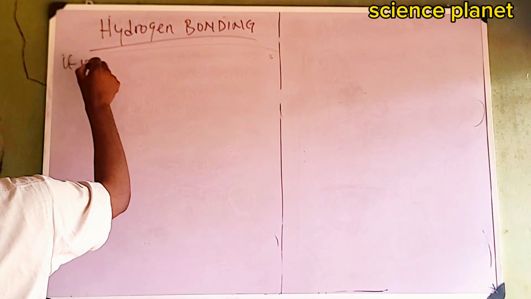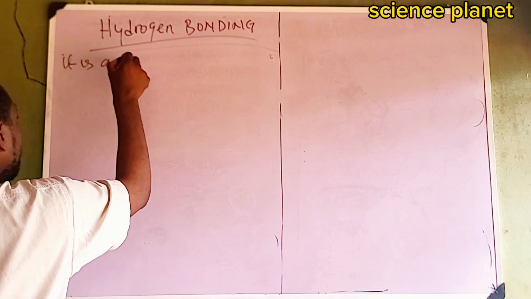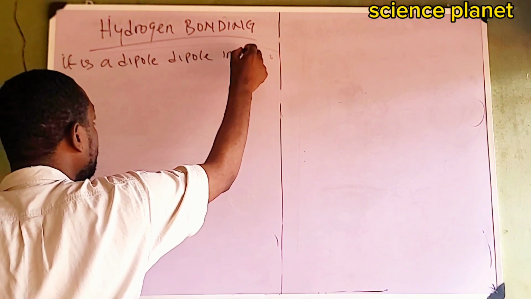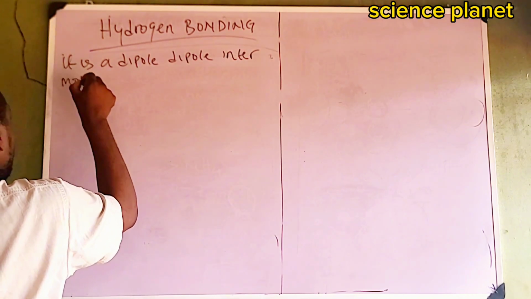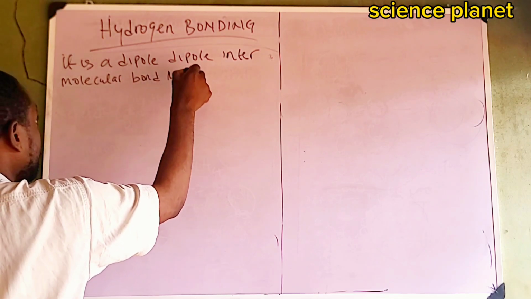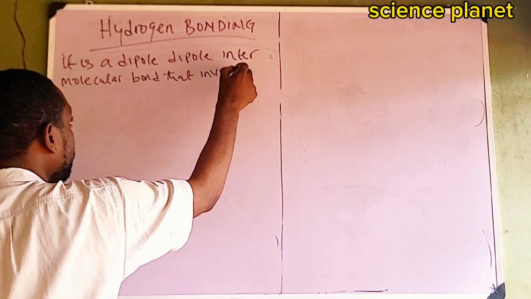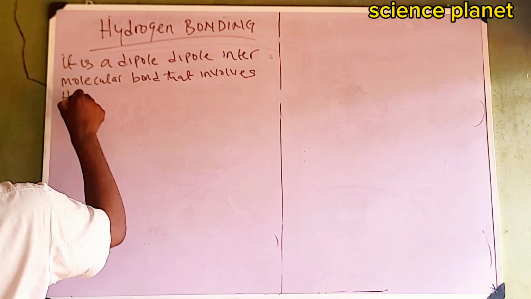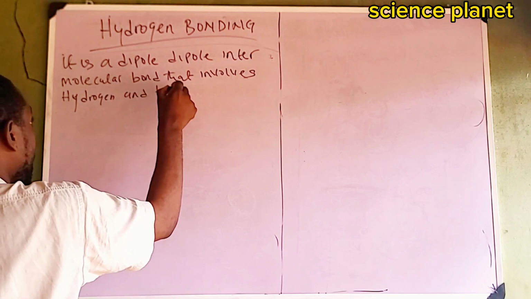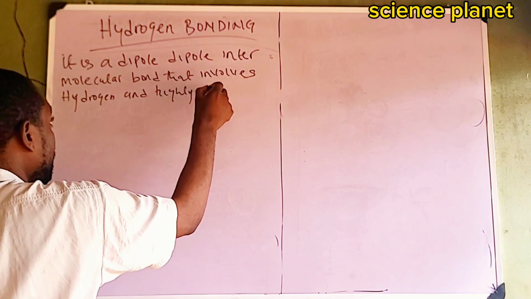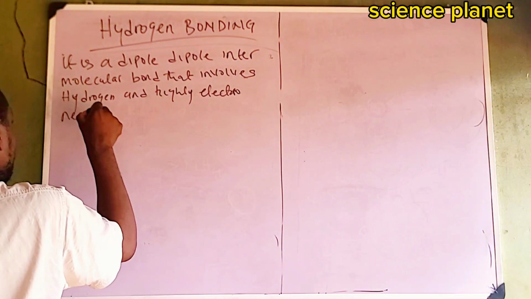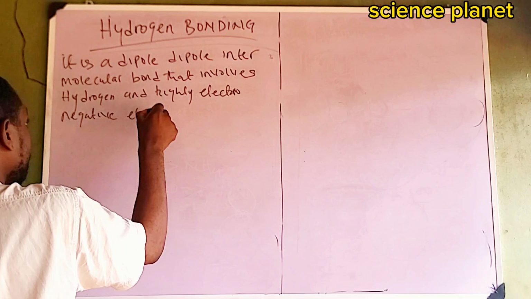So we say it is a dipole intermolecular bond that involves hydrogen and highly electronegative elements.